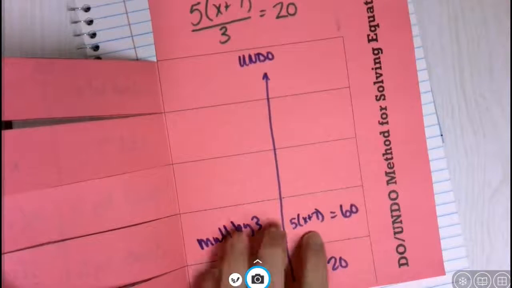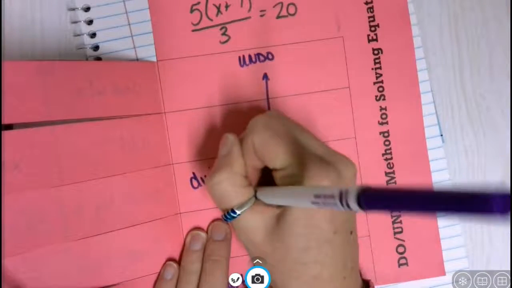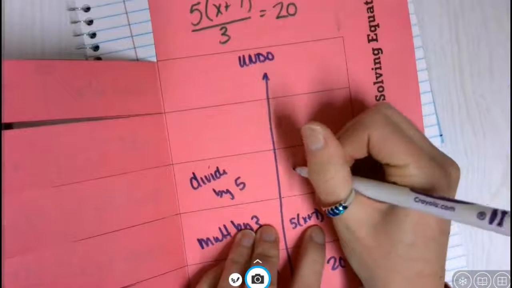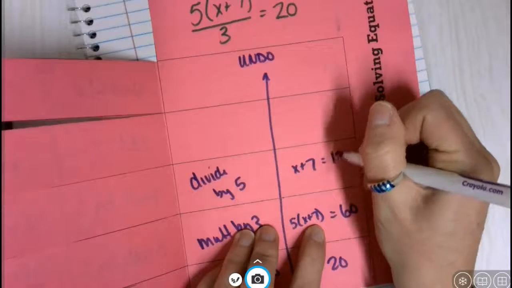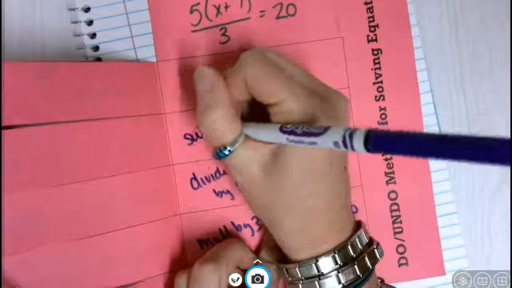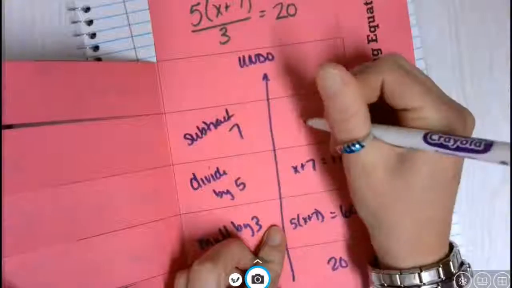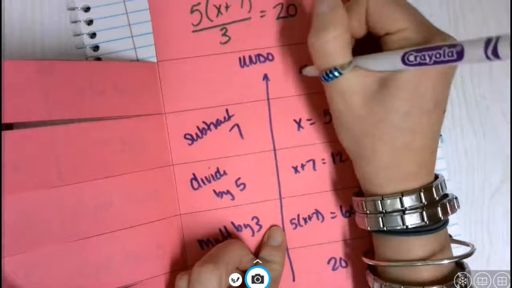Now my next step would be to divide by 5. So I end up with x plus 7 on the left side, and 60 divided by 5 is 12. My next step in undoing is to subtract 7. So I end up with x equals 5, and that's where I end with 5.